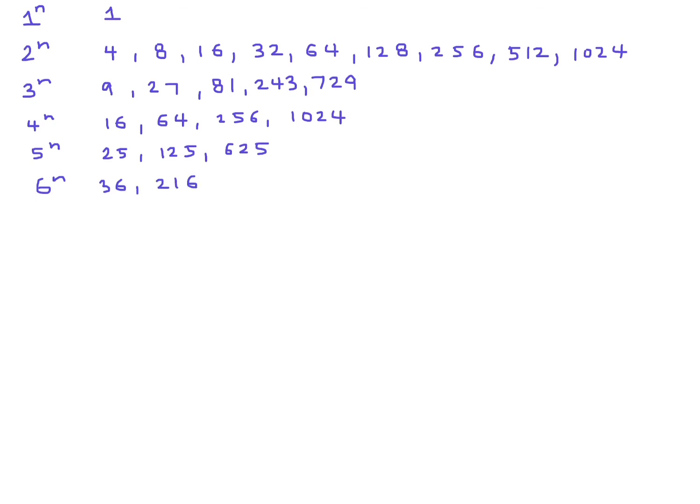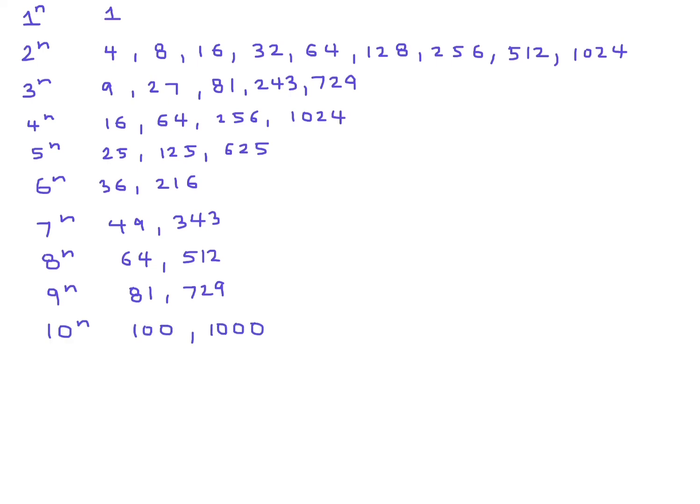I don't need to go further than that, because that'll be quite a bit more than 1,000. 7 to the power of n, 49, 343. 8 to the power of n, 64, 512. 9 to the power of n, 81, 729. 10 to the power of n, 100, 1,000 exactly.